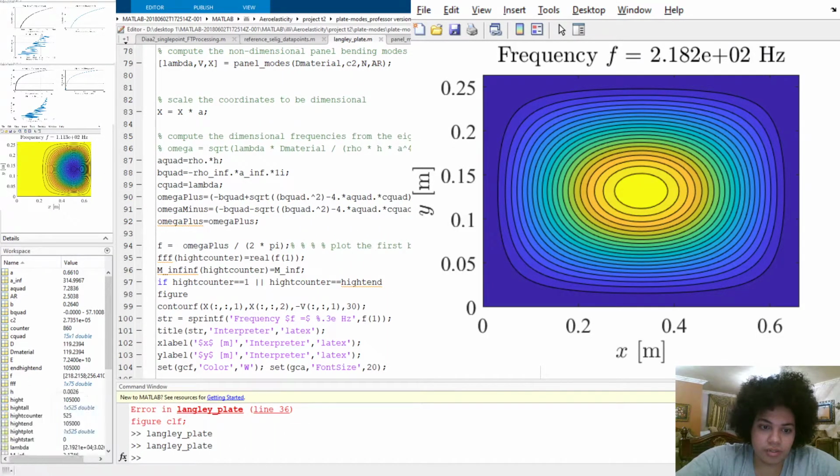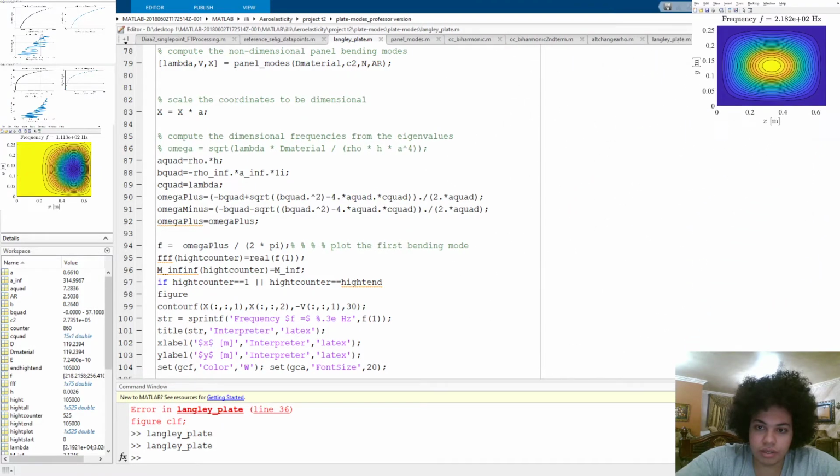But how did we get these figures? Well, we got these figures using the code that was provided to us.